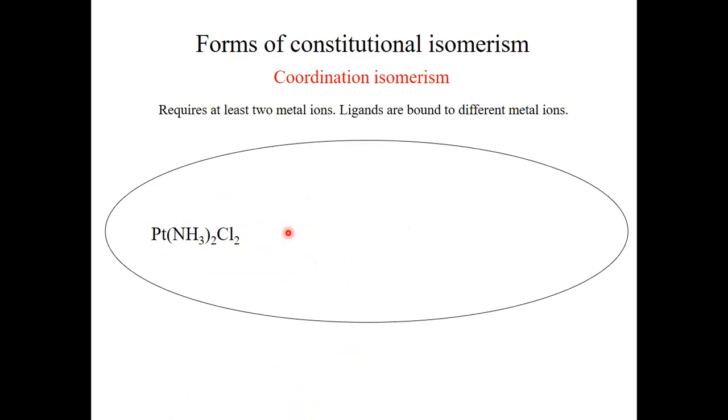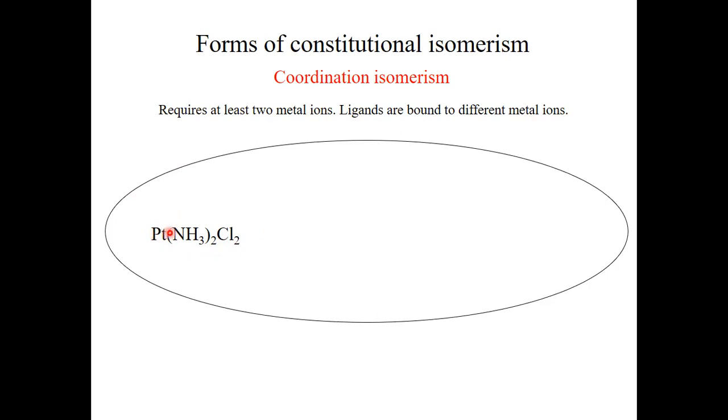The next isomerism is a little bit more complicated. So this is the coordination isomerism. And what's more complicated about it is that it requires at least 2 metal ions, and the ligands are bound to the 2 different metal ions. So one example is shown here. So we have here diamine dichloro platinum.